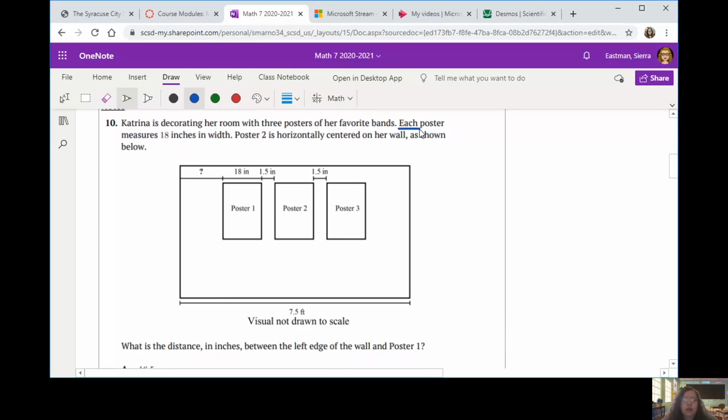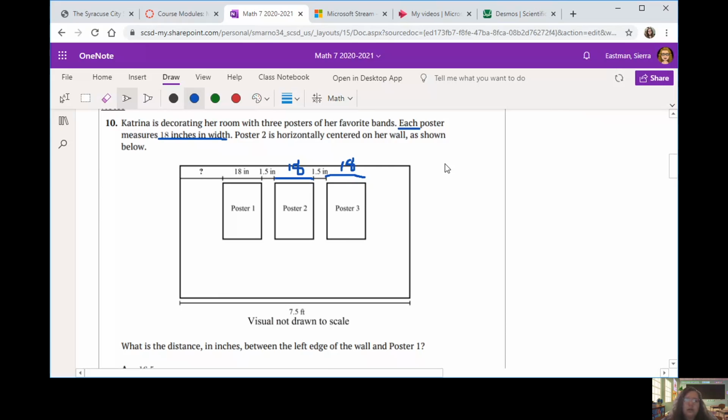Each poster, that means every poster, measures 18 inches in width. So looking at poster 1, they labeled that 18 inches. We should also know that word each means every single one is the same. So we could go ahead and label this as 18 inches and this as 18 inches.